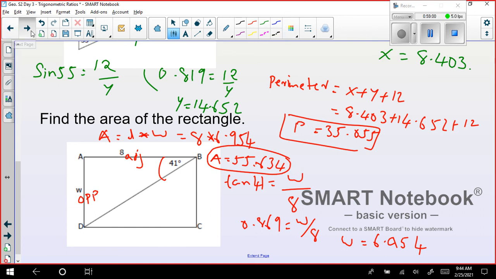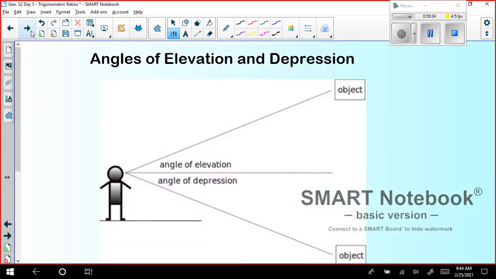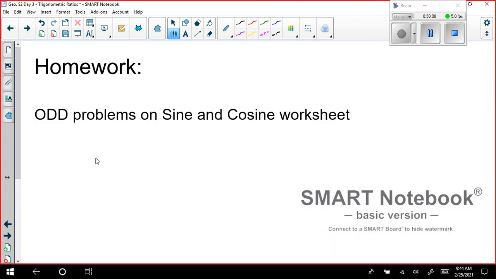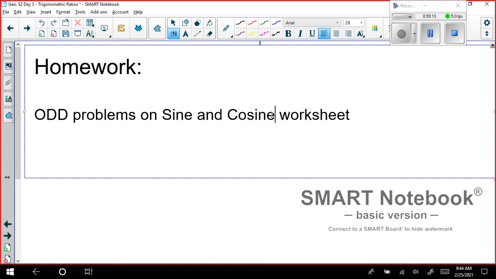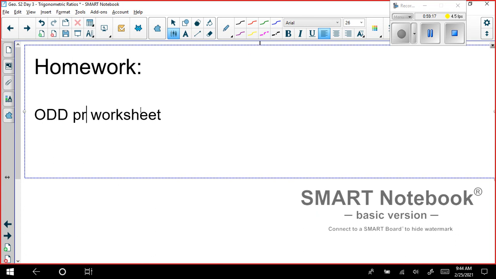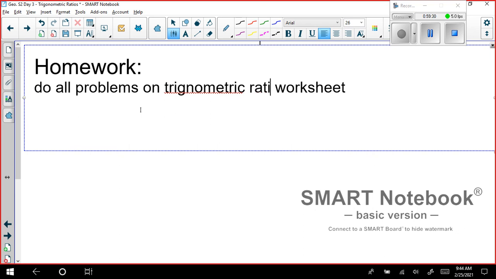Okay, we will do the last couple of slides in the next class, which is based on angle of elevation and depression. We will take that up in the next class. I want you to do all problems on the trigonometric ratios worksheet I have posted, and also work on the debrief.